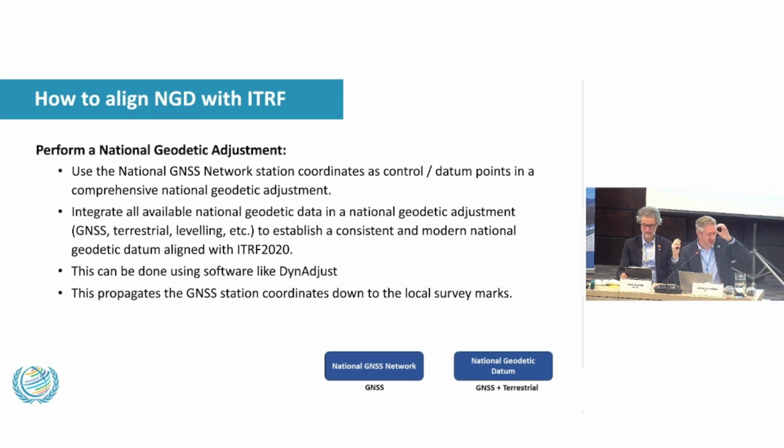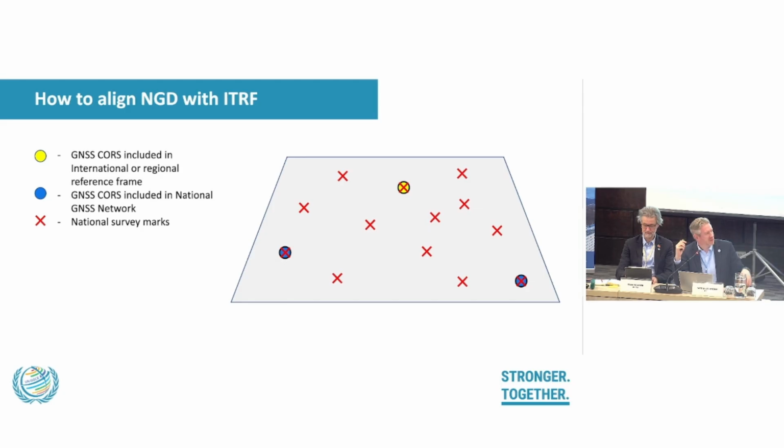What this does, as I said, is once you fix those ITRF GNSS core stations in your adjustment and then add in your other data, you're propagating those GNSS station coordinates down to local survey marks. So although you may not have regular observations on those survey marks, you can still get ITRF 2020 equivalent coordinates on those survey marks. Here's an example of the hierarchy.